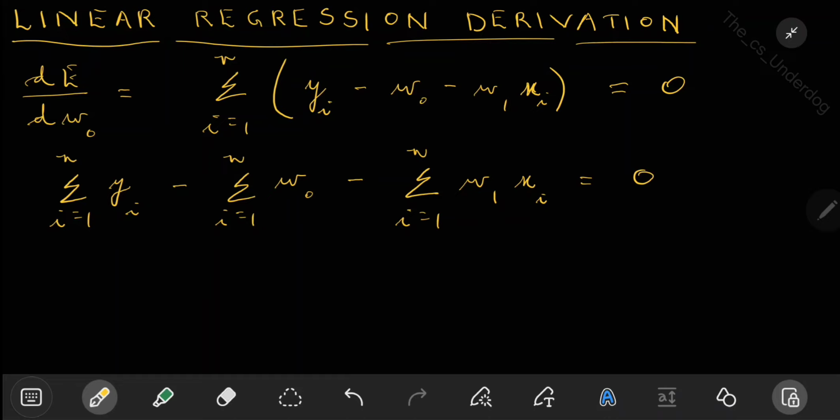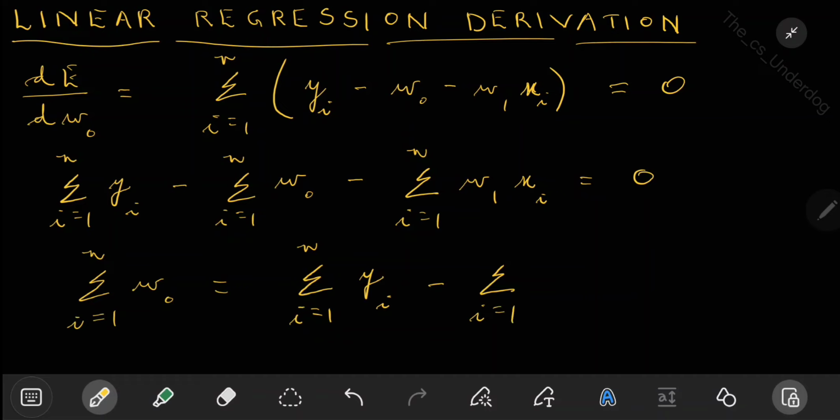What do I have to find? I have to find W0. So what will I do? I'll take W0 to one side and the remaining terms on the other side, because I want to find the value of W0. So sigma i equal to 1 to n W0 is equal to sigma i equal to 1 to n yi minus sigma i equal to 1 to n W1 into xi, right?